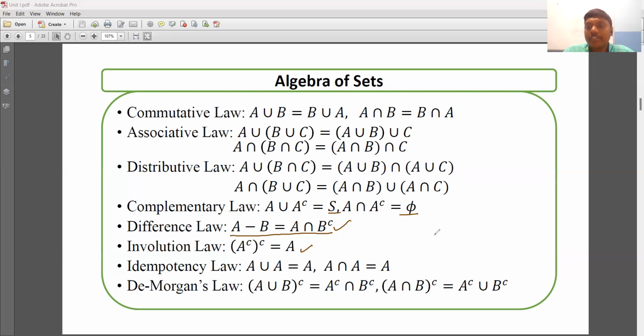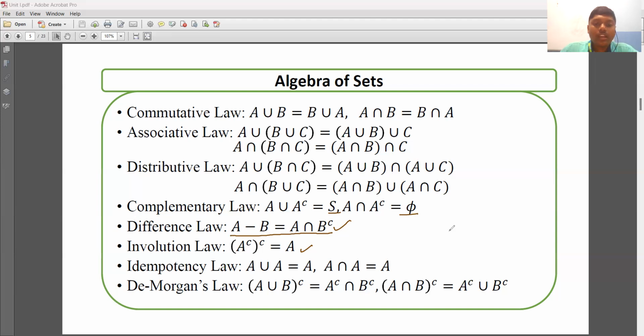Now if I take the complement of that set, it will exclude A complement, that means A itself. That is the involution law. The next law is the idempotency law. That means if I take the union or intersection of the set with itself, the union will represent the set itself, and the intersection also will represent the same set.